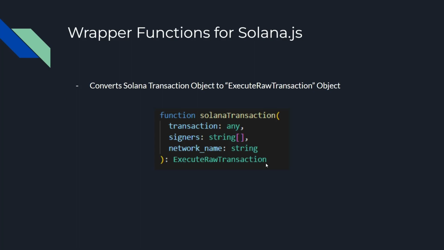We have also provided wrapper functions for Solana.js. With Solana.js, we can create a transaction object, and in order for it to be executed by the Okto wallet, we need to convert the transaction object to an execute raw transaction. This can be conveniently done using this function.